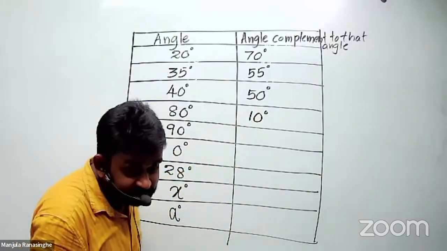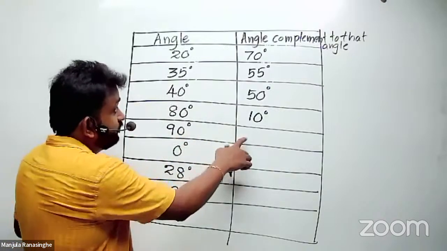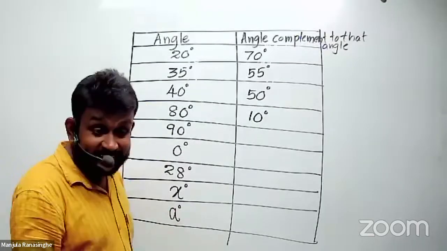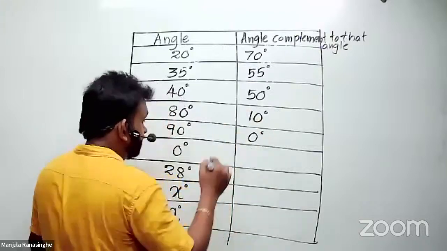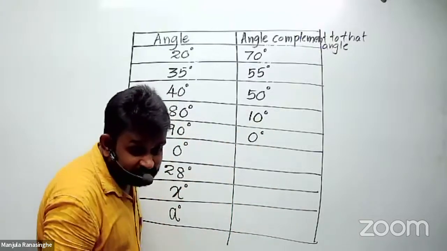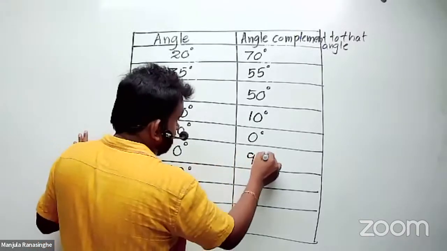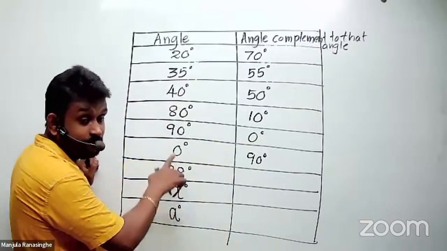Can you tell me what is the complementary to 90 degree? 0. Very good. From 90 subtract 0. What is the answer? 90 degree. Right. From 90 subtract 28.